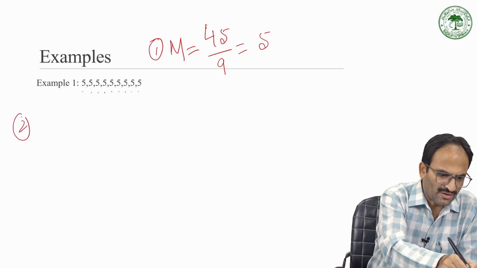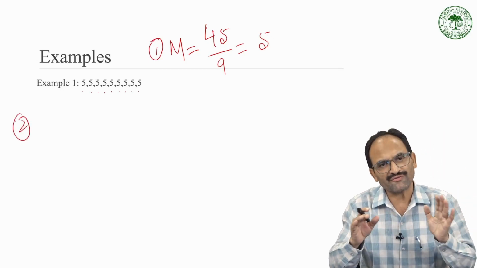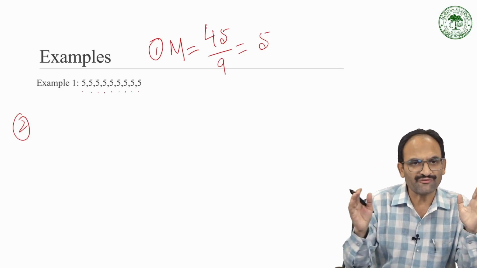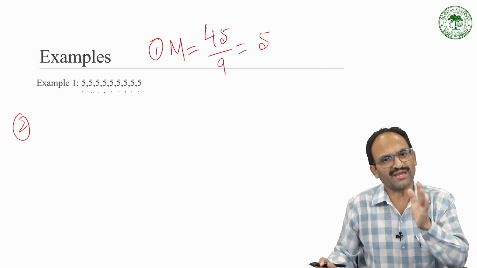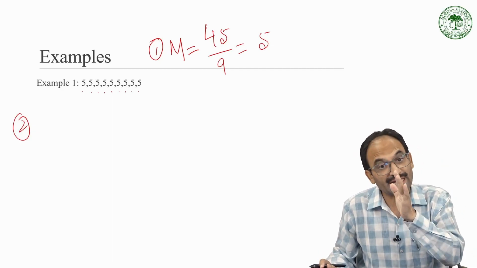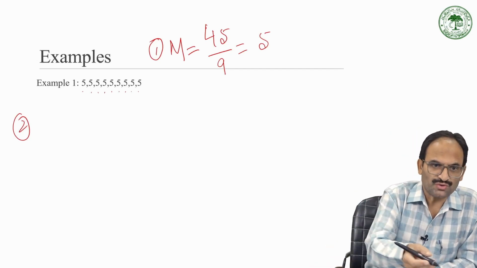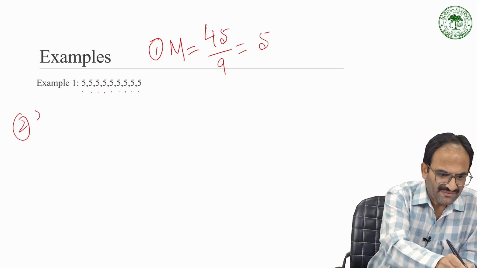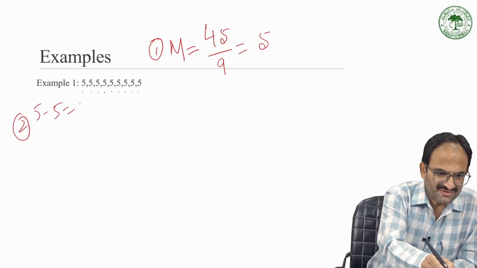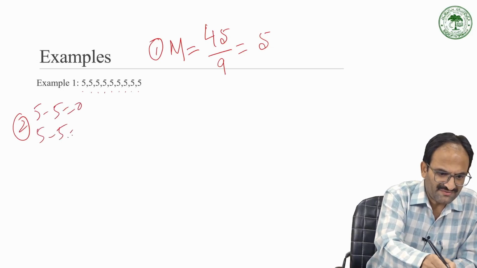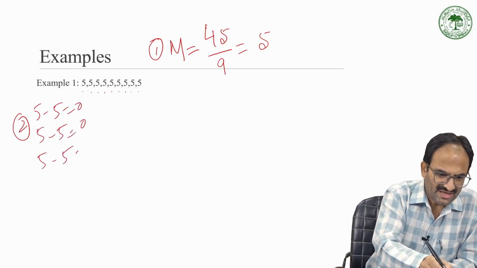Second step, what will you do? You will find the deviation from mean of every term or every number, every digit that is there in the data. So, first one is 5. So, 5 minus 5, 0. Then 5 minus 5, 0. Then 5 minus 5, 0.